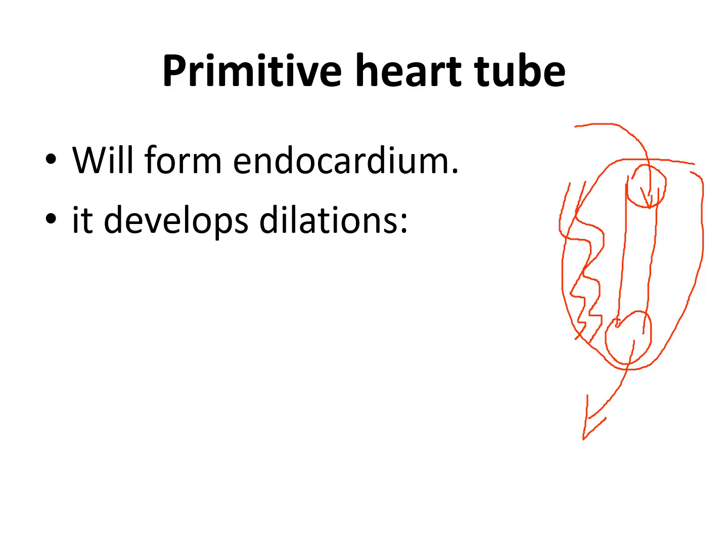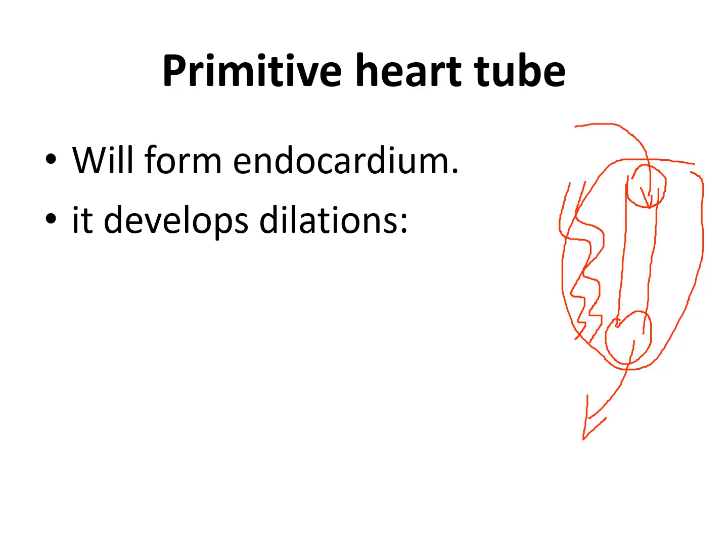So what will happen for the tube which started as straight? Then it will make dilatations. These dilatations are given names according to what they will give in the future.